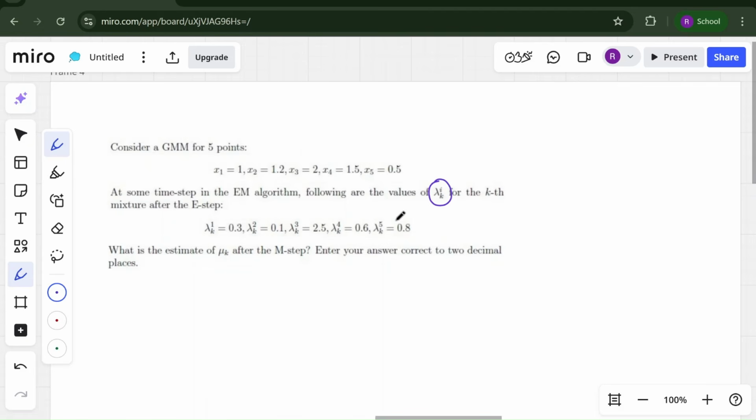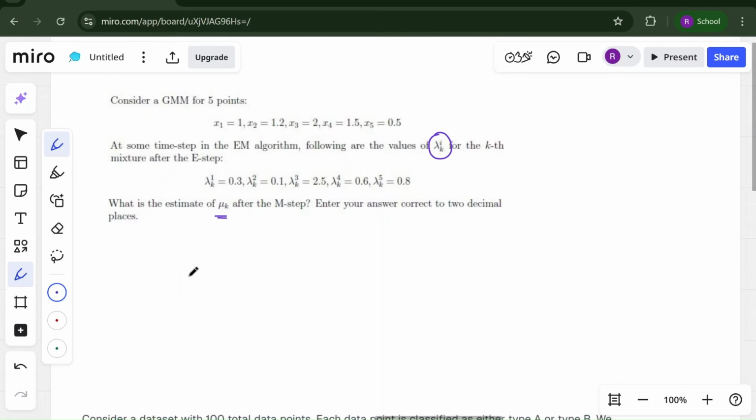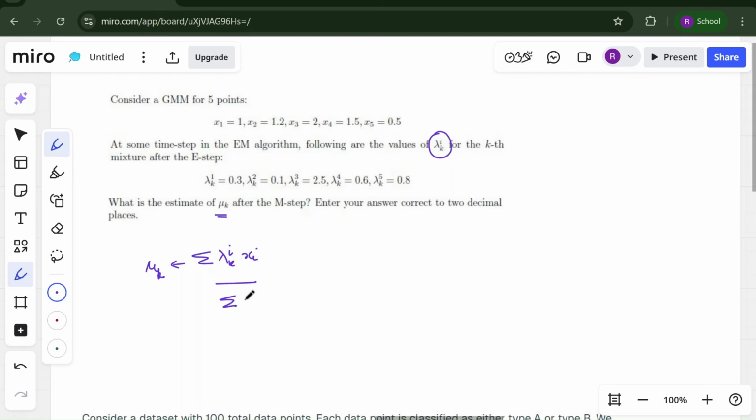They're asking for the estimate of mu k. So how do you estimate mu k? The estimate of mu k is given by the weighted average of all the xi's, where the weights are nothing but lambda ki, and the sum is always from i running from 1 to 5.